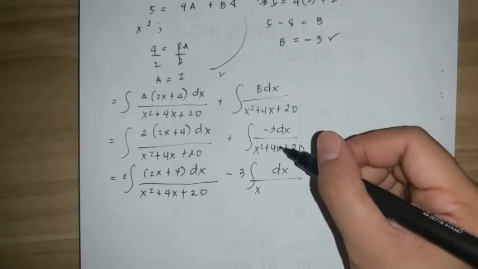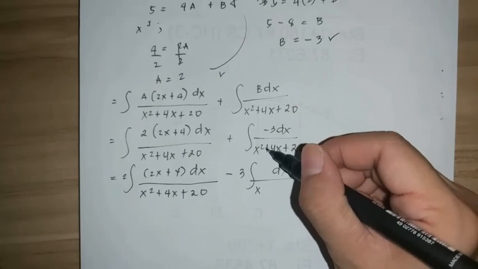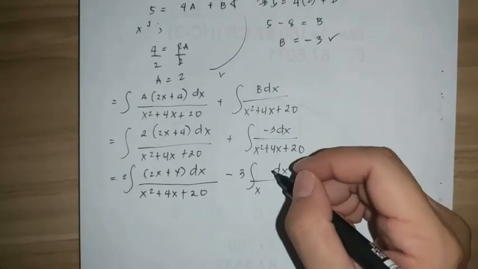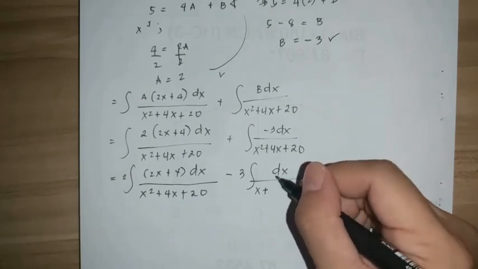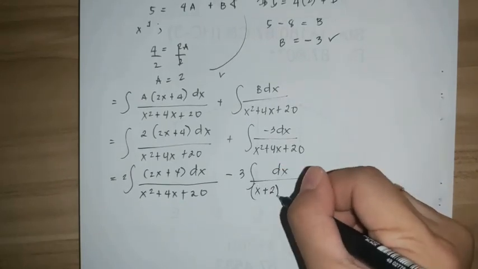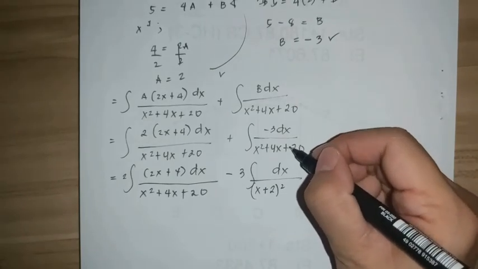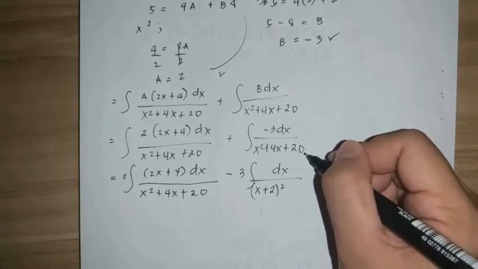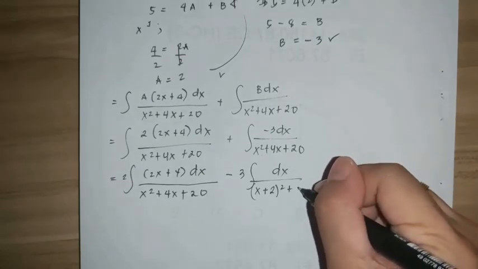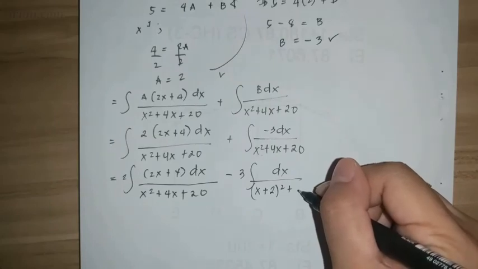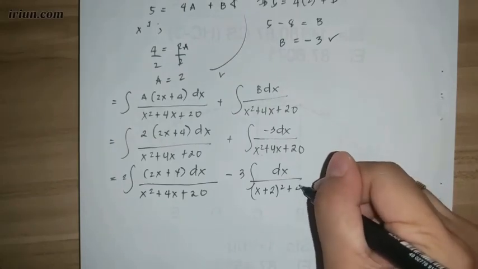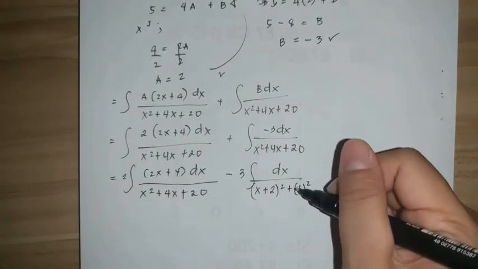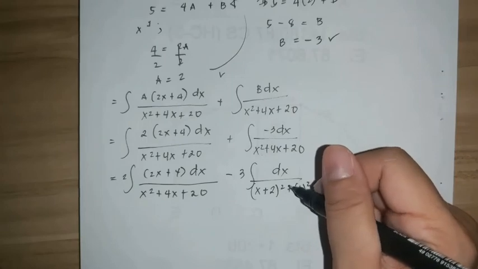For this, we need to complete the perfect square. We have x squared plus 4x plus 4, which is the perfect square of (x + 2) squared. Since we used 4 for this term, x squared plus 4x plus 4 plus 16, so we have plus 16, and the root of 16 is 4. So my a here is 4, my u is x plus 2, and then I will do arctan.